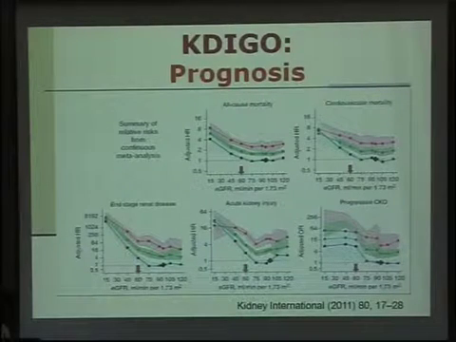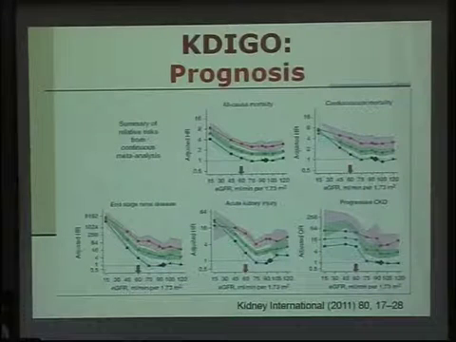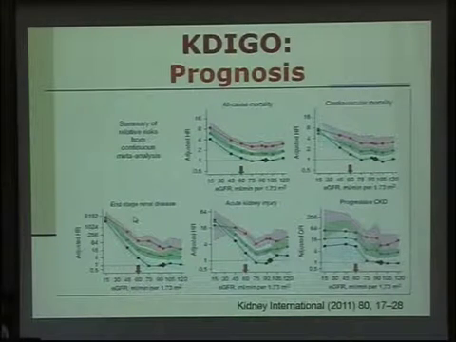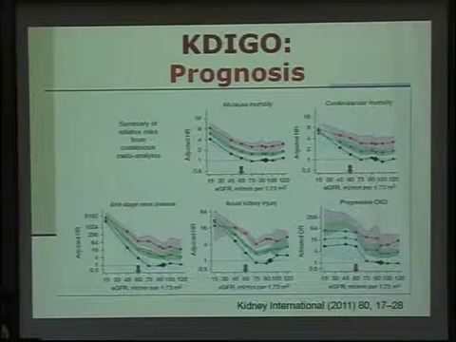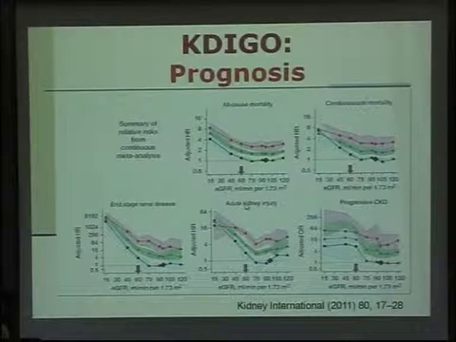The risk for all-cause mortality. So the darker the color, the higher the risk for mortality, the higher the risk for cardiovascular mortality, for development of end-stage kidney disease, and for progression. So if you find the patient in the red zone, this means that the patient will progress rapidly, with a higher risk of acute kidney injury on top of chronic kidney disease.